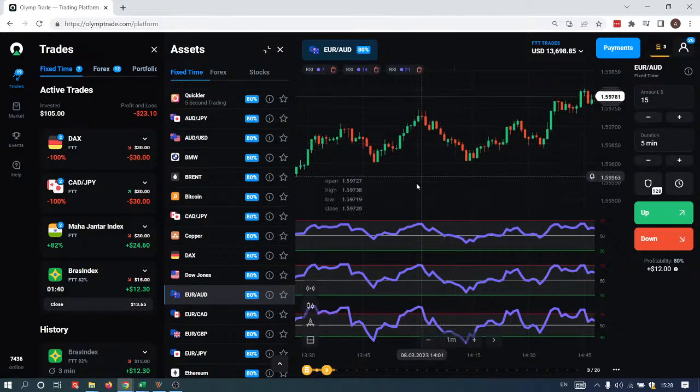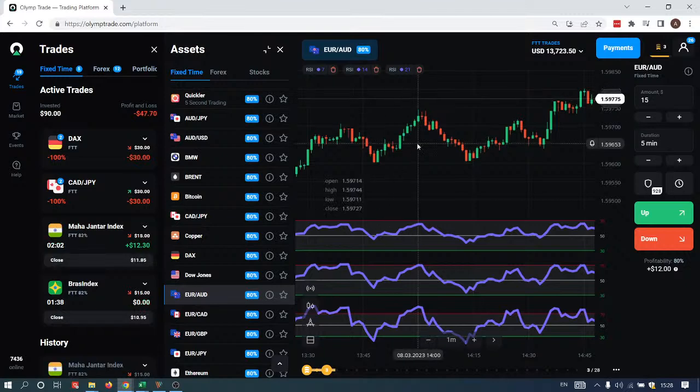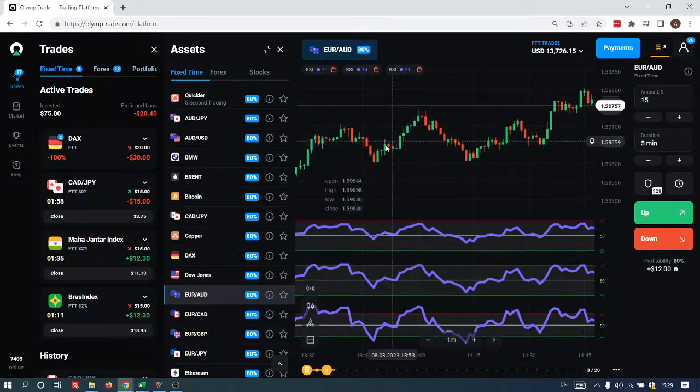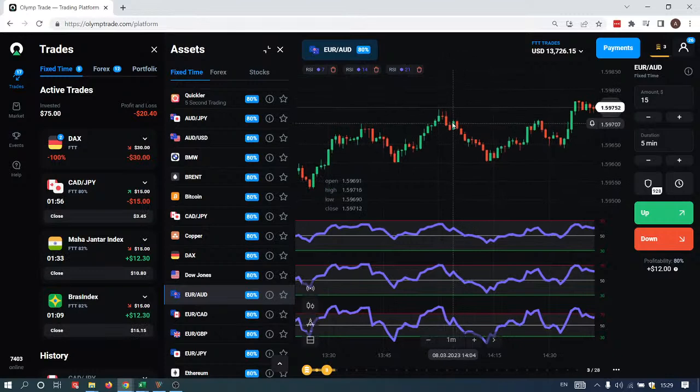As you can see from the chart, when the value crosses from below upwards above 50, and then if the RSI value stays above 50, that usually means uptrend, and the price goes up like this. And on the contrary, here the price goes down.